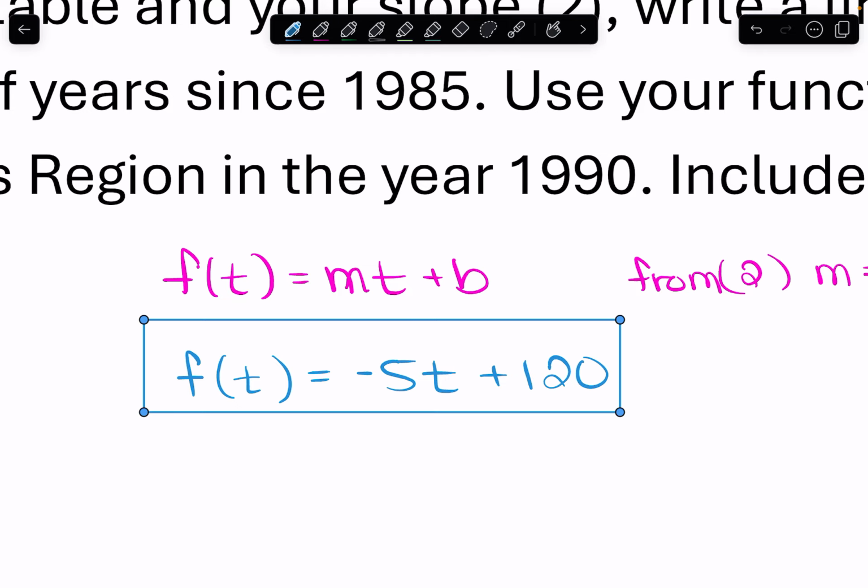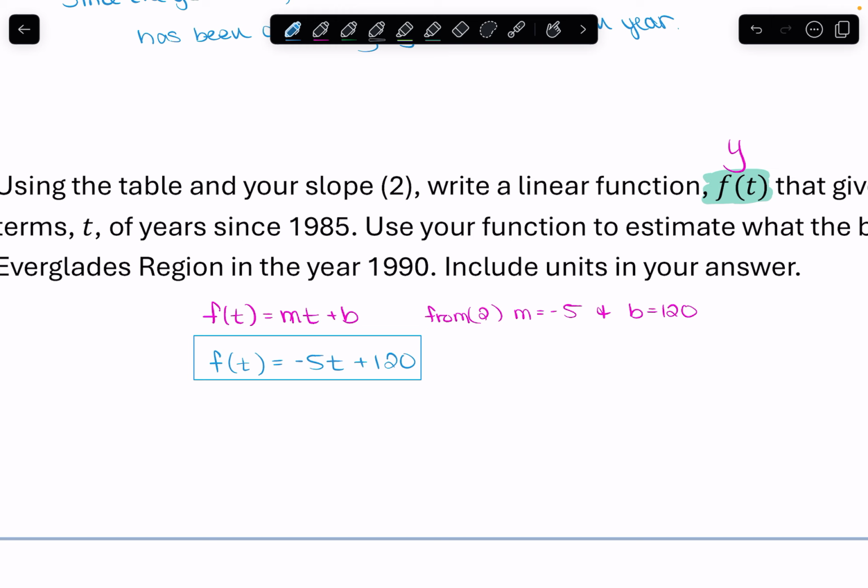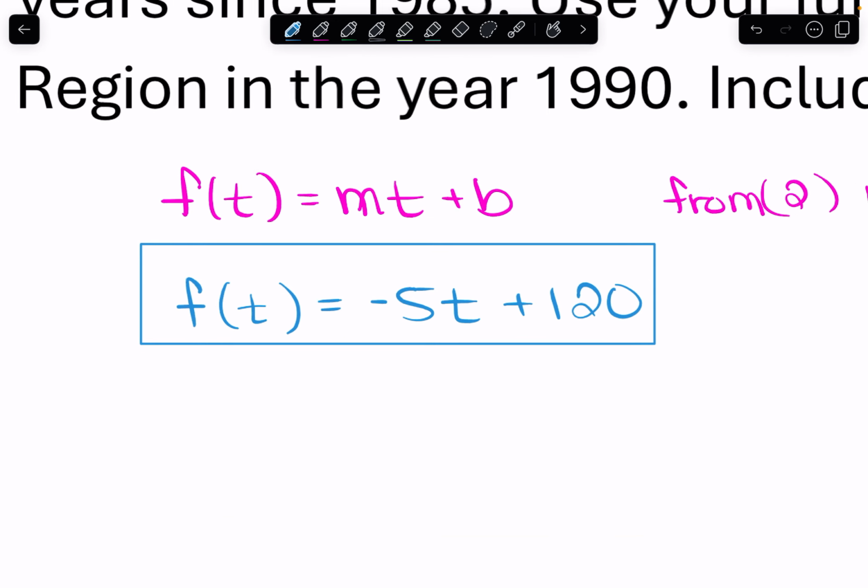All right, then there was a second part. Use said function to estimate what the bobcat population was in the year 1990. So again, be careful. We are not plugging in 1990. T is years since 1985. So if you need to do the math, do the math. We take our stopping year minus the year we started at 0, and 90 minus 85 is going to be 5.